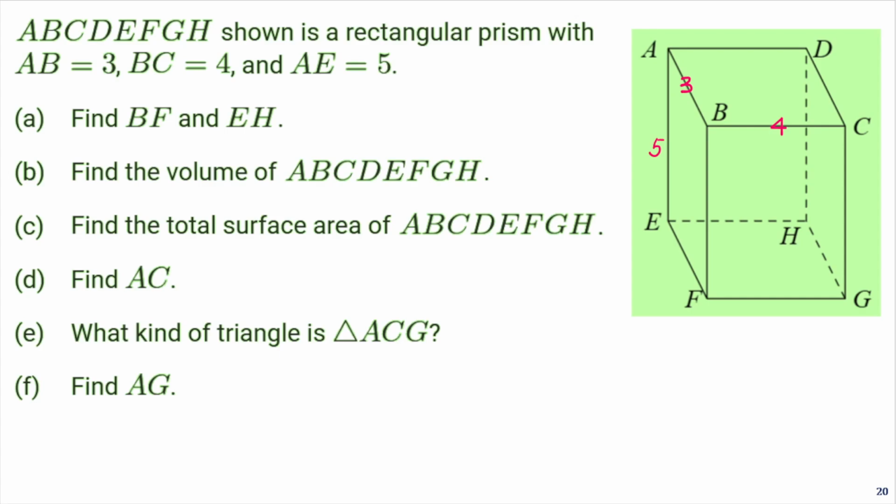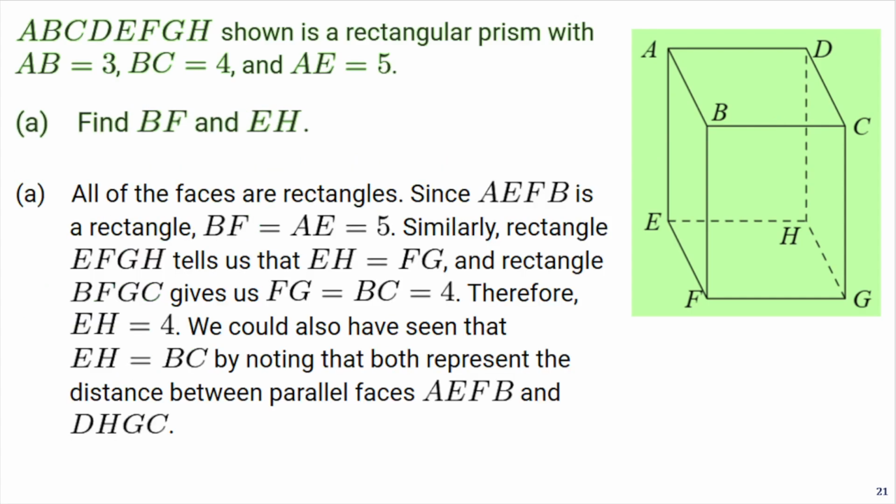Alright, let's have a look at the solution together. Question A: all of the faces are rectangles. Since AEFB is a rectangle, we have BF equals AE equals 5, right? Similarly, rectangle EFGH tells us that EH equals FG, and rectangle BFGC gives us FG equals BC equals 4.